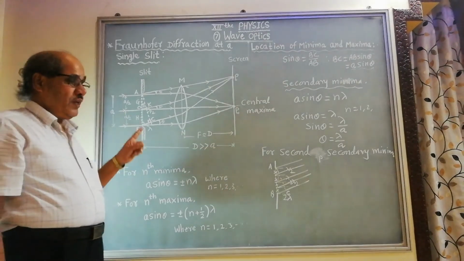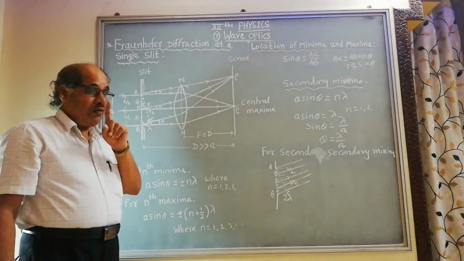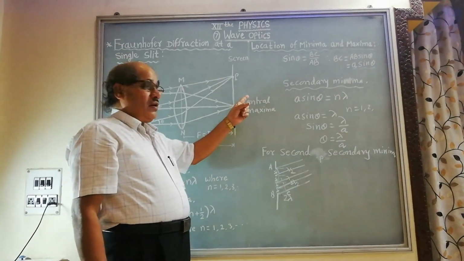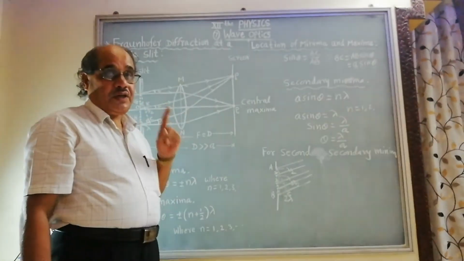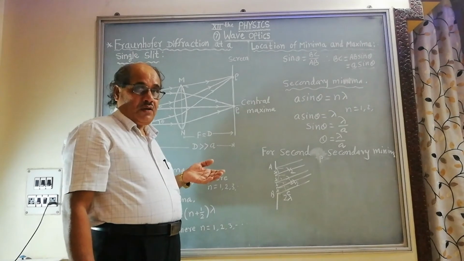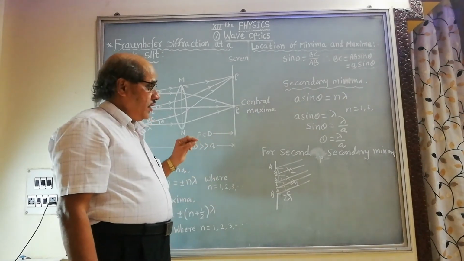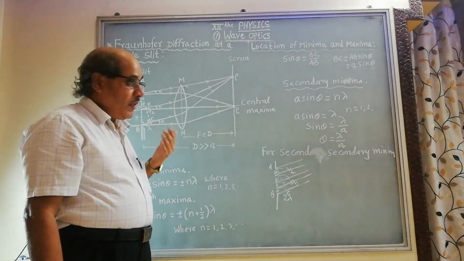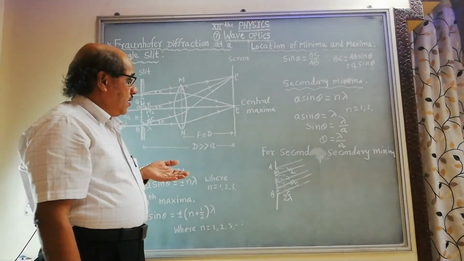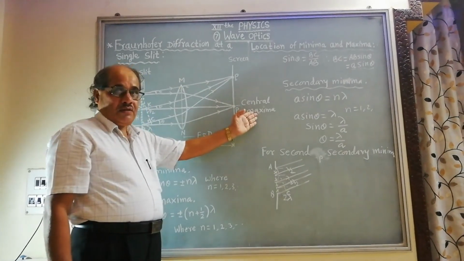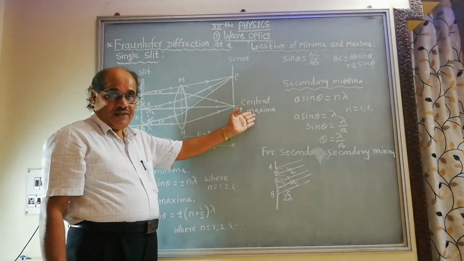So here we have completed only one condition, that is the condition for nth minima. In the next lecture we will study the condition for secondary maximas and the condition for central maxima. There is no need of mathematics.